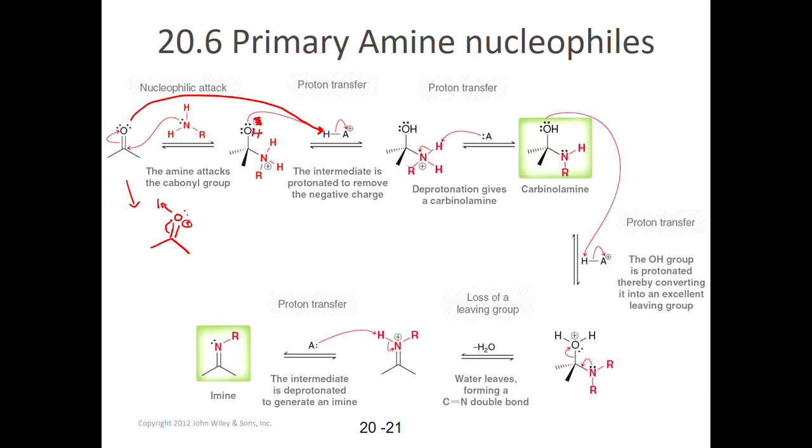Because it can be resonance stabilized, it's not unreasonable to expect this oxygen to pick that proton up. Then the nitrogen can attack here. The oxygen's already protonated, so when the nitrogen attacks, I now have only one total formal charge on my structure. And that's what we have here.